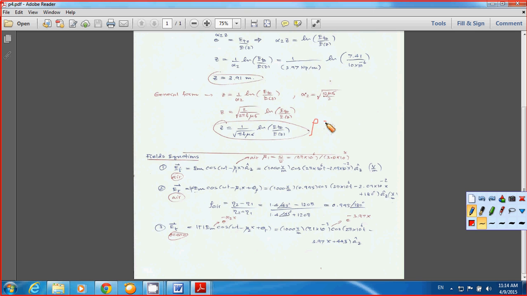As you work out eta 2 minus eta 1 divided by eta 2 plus eta 1, you end up with the magnitude of rho being 0.995 and the phase angle being 180 degrees. Okay, try to work it out by yourself. Oh, I just have it right here, sorry. This is eta 2, this is eta 1, and I have rho equal to 0.995 with the phase angle of 180 degrees.